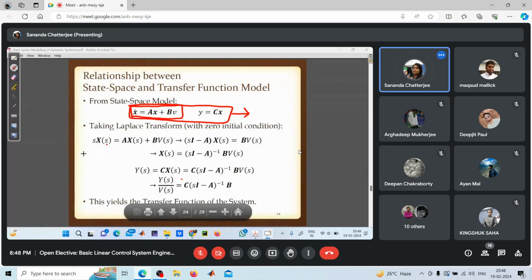Do you agree? Now we can write sX(s) equals AX(s) plus BV(s). Take the X(s) term to this side, and you will get (sI minus A)X(s) equals BV(s).